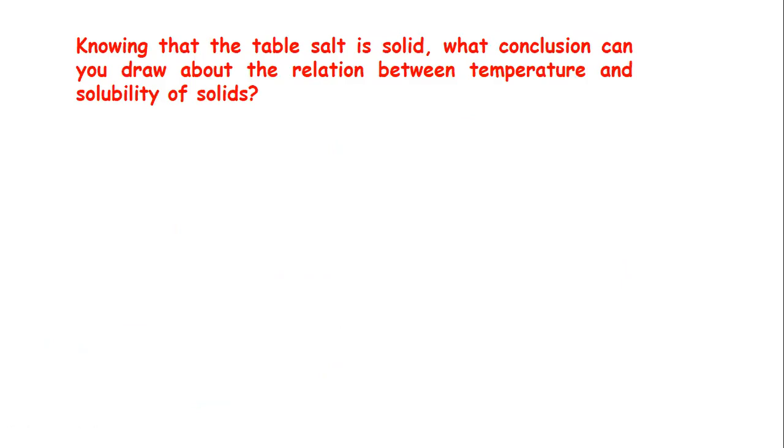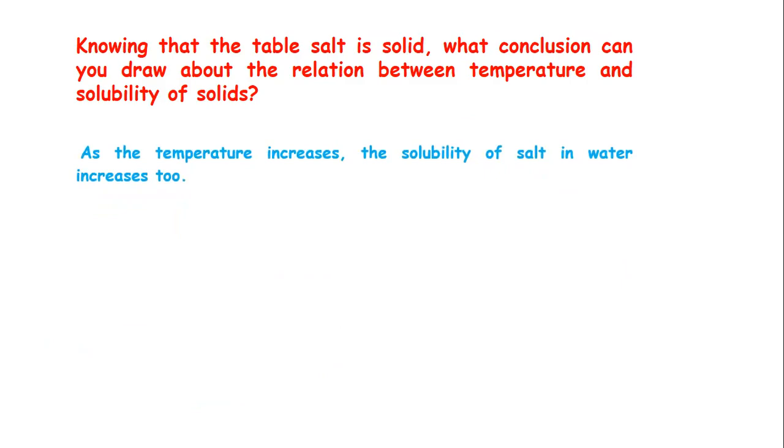Knowing that the table salt is solid, what conclusion can you draw about the relation between temperature and solubility of solids? As the temperature increases, the solubility of salt and also of solids in water increases also.